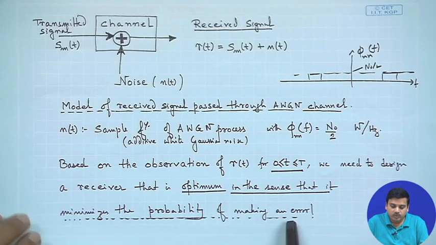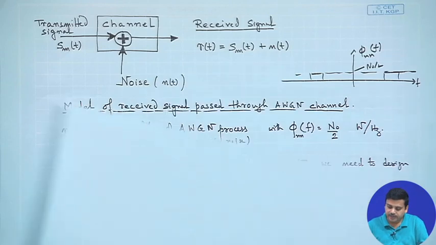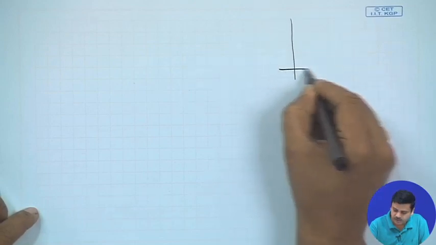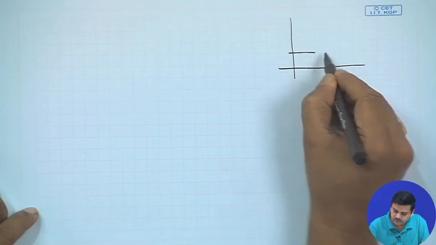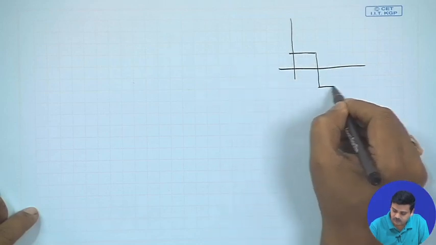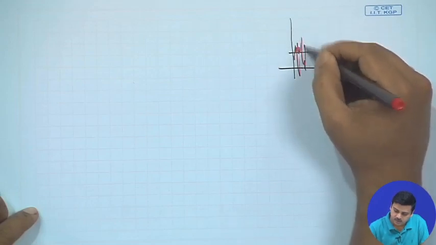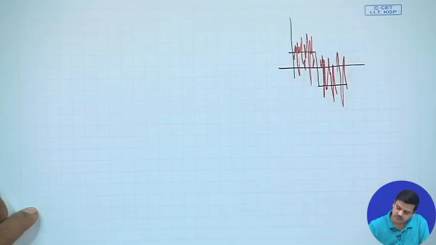And why we will make an error is what we had briefly discussed at some point. I'll quickly talk about this: suppose you have two levels, and there is noise present which gets added to this.